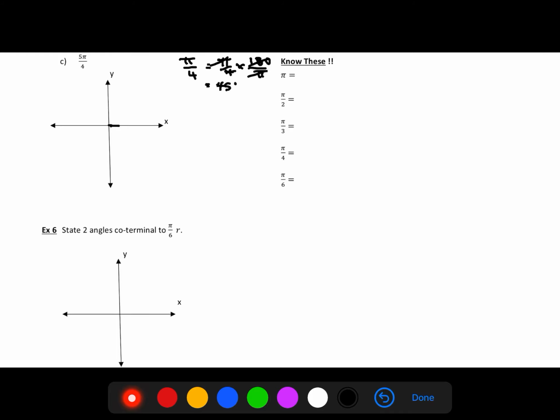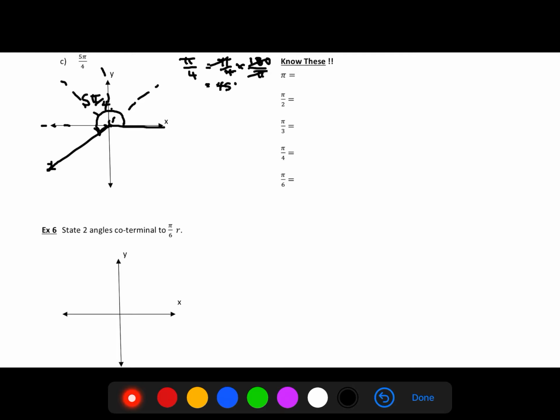So again, we can measure from our initial arm: 1 pi over 4, 2 pi over 4, 3 pi over 4, 4 pi over 4, and our angle is 5 pi over 4.